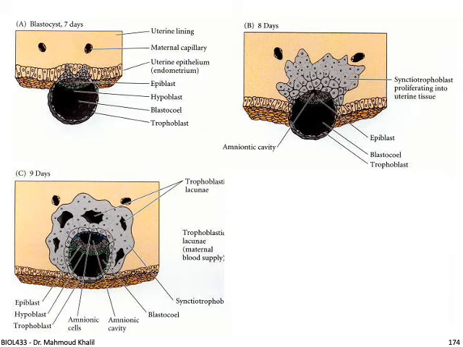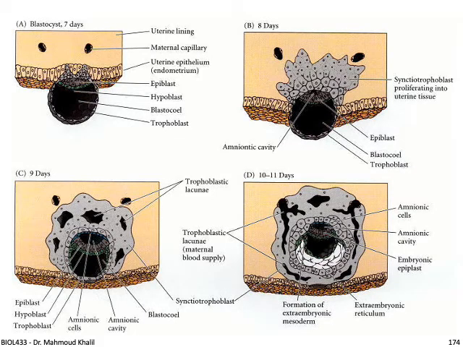By day 9, the whole embryo is implanted inside the uterine wall, the uterine epithelium, the endometrium, and you can now clearly differentiate between the amniotic cavity and the blastocoele. You can see that the lacunae of the trophoblast start to appear.